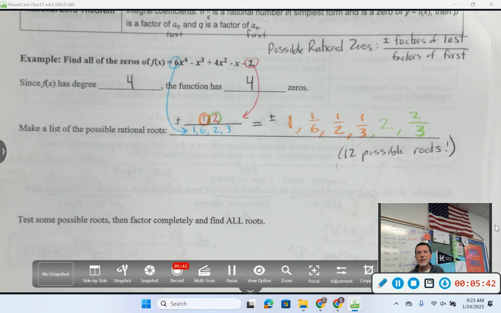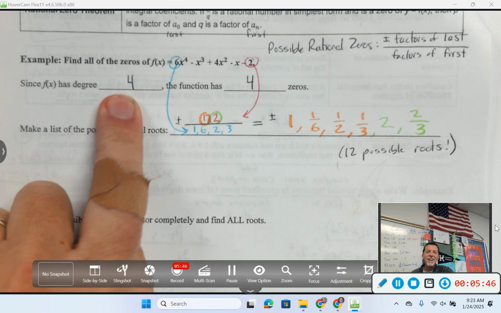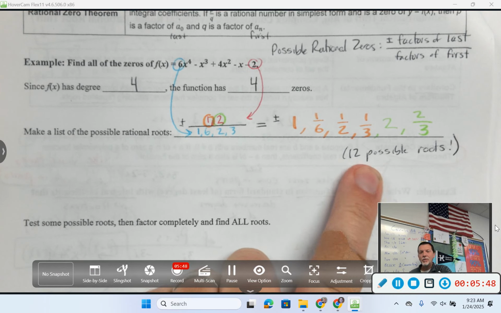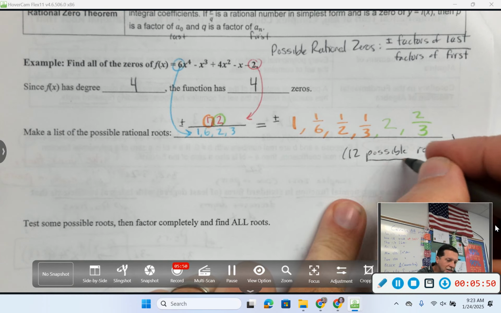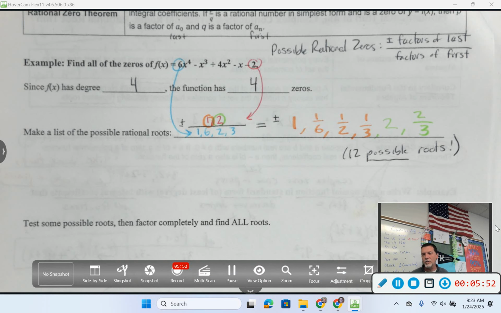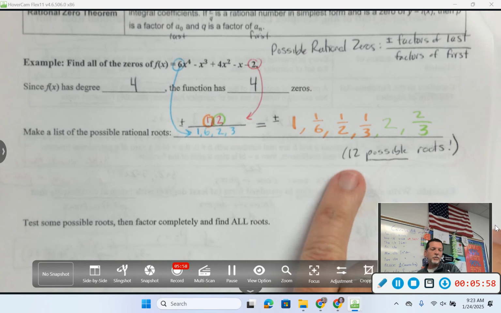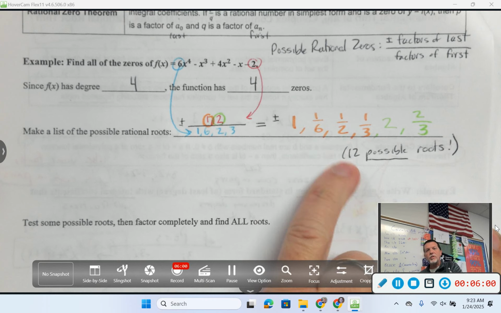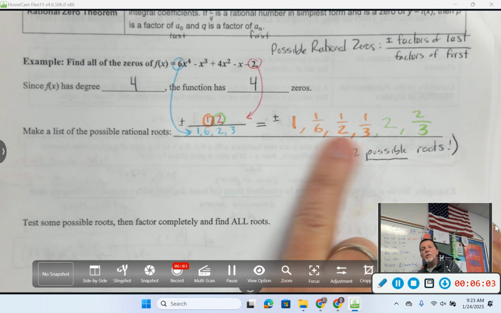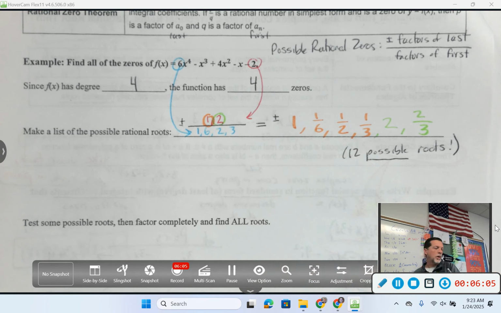How do I know that not all of those are roots? Because there's only 4. And I just listed 12. So that's why we say they're possible, because it wouldn't even work that all of them would work. So maybe up to 4 of them work. Maybe not even that, because there are irrational roots, weird square roots, or imaginaries. So at most 4 of those work. Definitely not all 12.